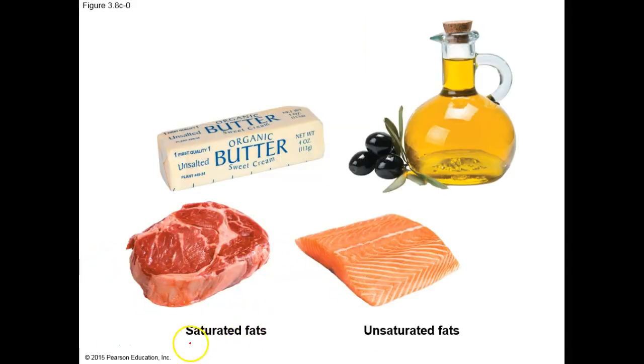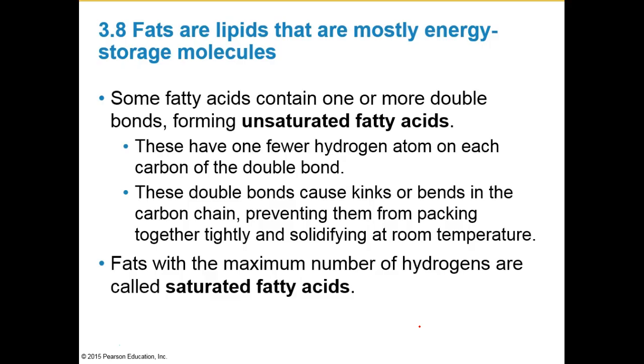Okay, we'll talk a little bit about saturated and unsaturated fats, as I'm sure you've heard the terms before, as far as health is concerned. So let's make sure we know that. So some fatty acids contain one or more double bonds. If it has one or more, it just has to have one, it forms what we call an unsaturated fatty acid.